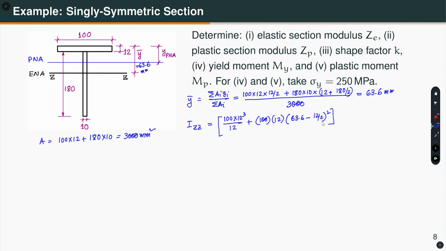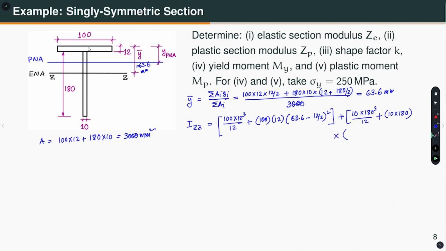This is for the top flange, plus the web, which is 10 into 180 cube by 12 plus 10 into 180, the area, into distance square.